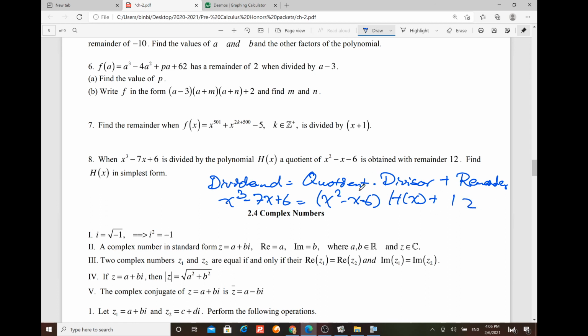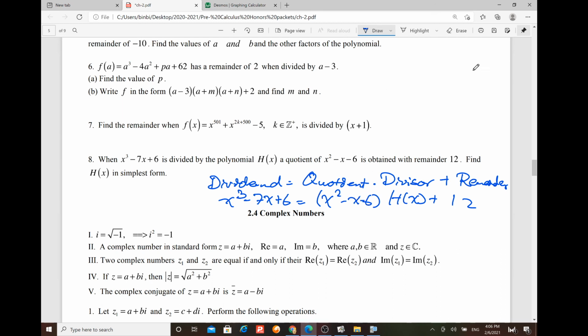Well, one thing we know is that for multiplication of quotient and divisor, this is the associative property of multiplication. So basically we can swap the quotient and divisor. Instead of using this one as a quotient, we can actually use it as a divisor.